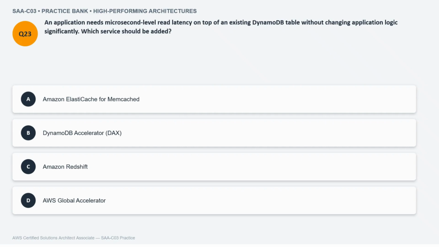So the answer will be Amazon DynamoDB Accelerator, because here we are talking about microsecond level read latency on top of an existing DynamoDB table without changing the application logic. We can go with DynamoDB Accelerator because DAX is an in-memory cache built especially for DynamoDB and provides microsecond response times with minimal application changes via a DAX compatible client.